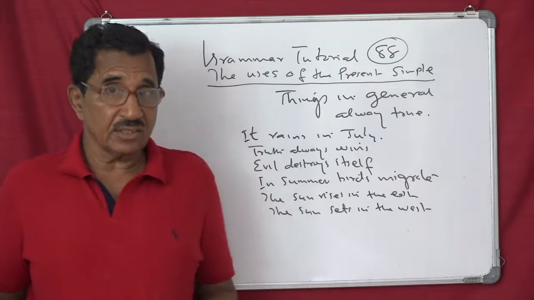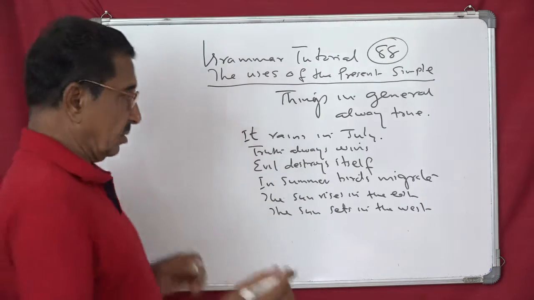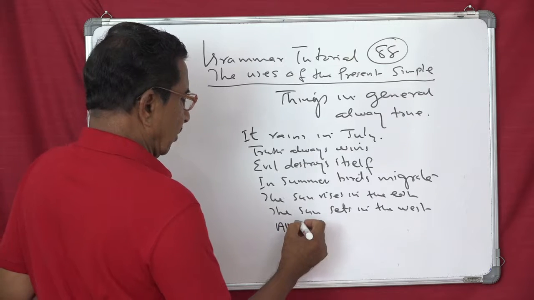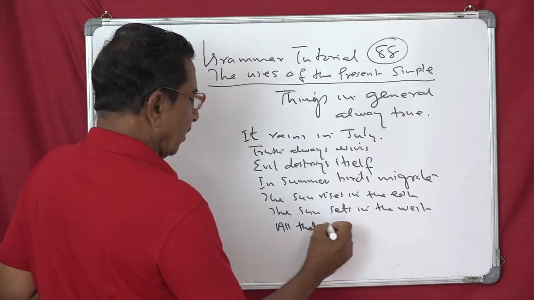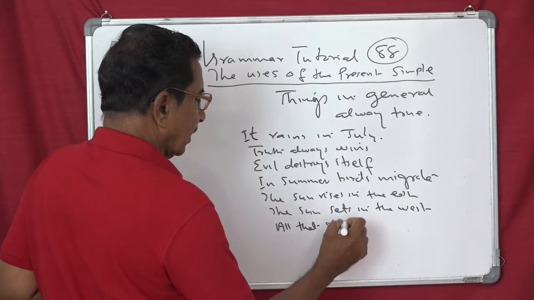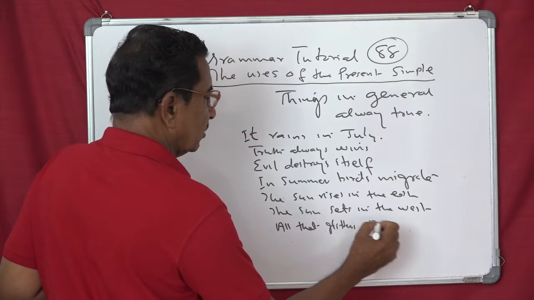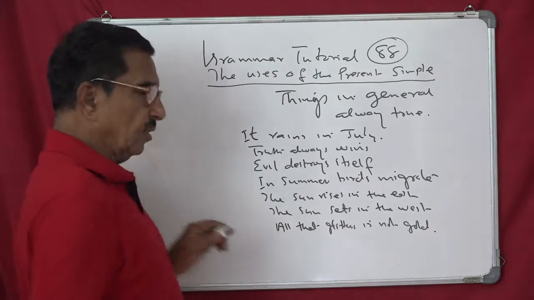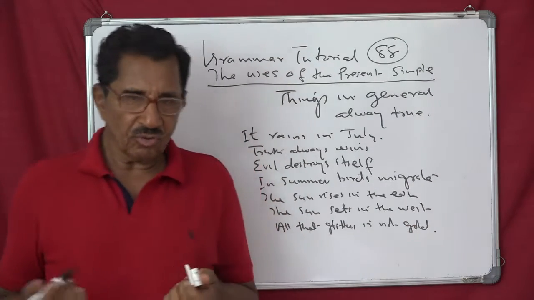All that glitters is not gold. See that? Almost all the proverbs are like that. All that glitters is not gold. So that is a general fact. All that glitters is not gold, isn't it?